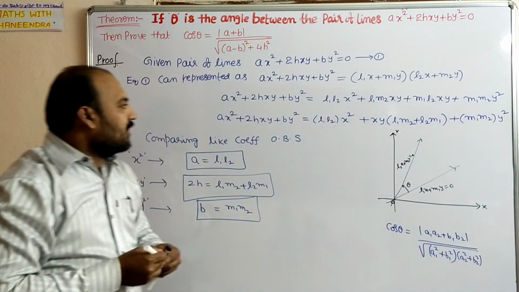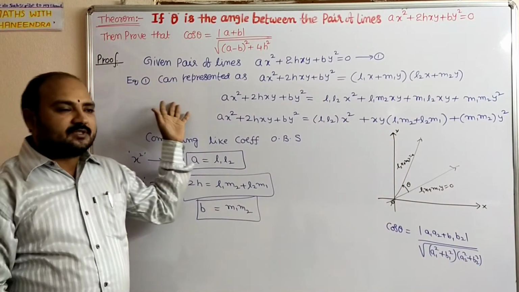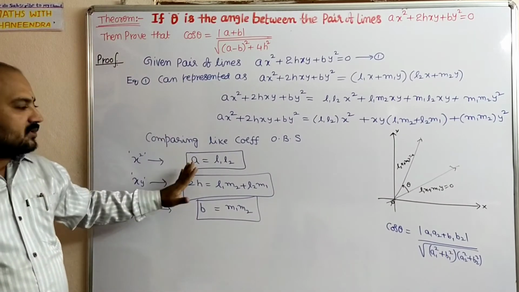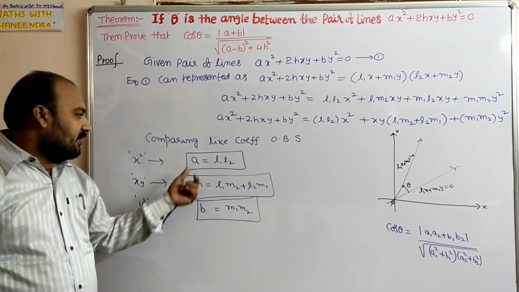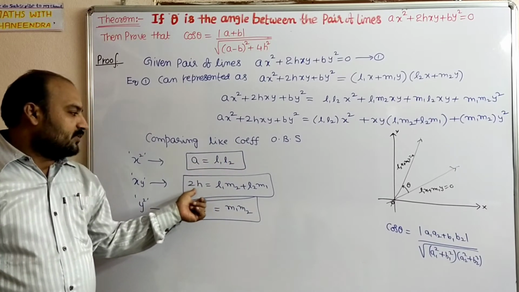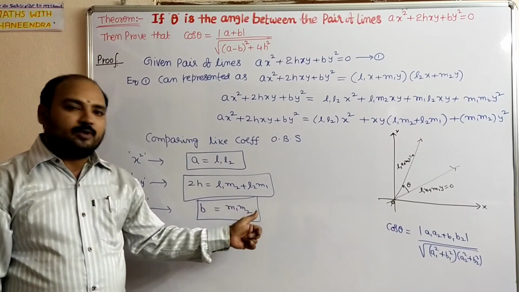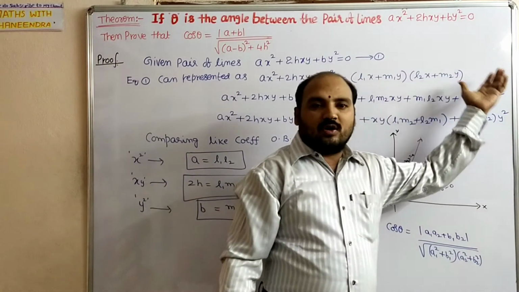I am writing the rough formula. After that I am going to rub this. These values you have to remember, we will use them in the coming steps: a value is L1 L2, 2h value is L1 M2 plus L2 M1, b value is M1 M2. I will write it here in the corner.